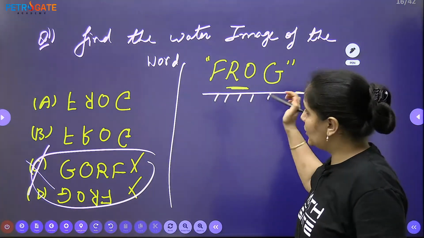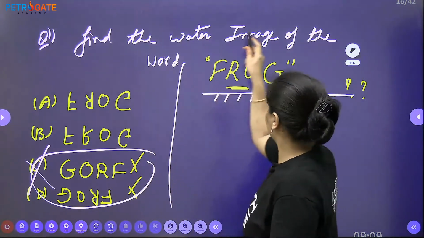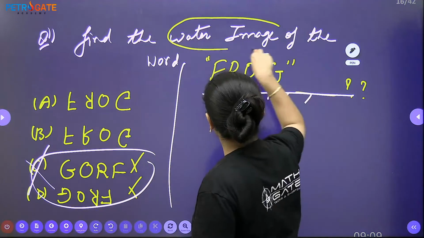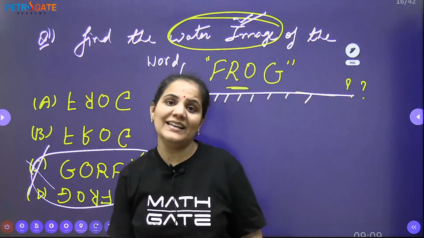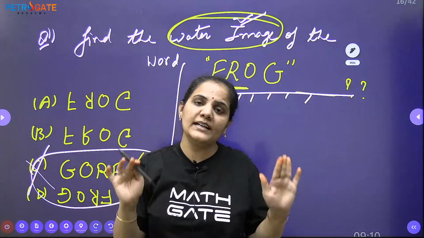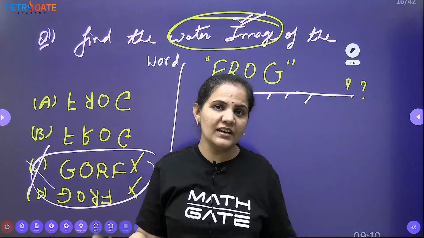Without doing anything in the question, we can easily say that if the question is of the water image, then option number C and D are not at all able to be the right answer. That can't be possible. Is it clear?